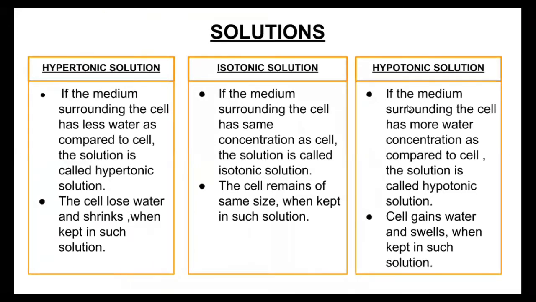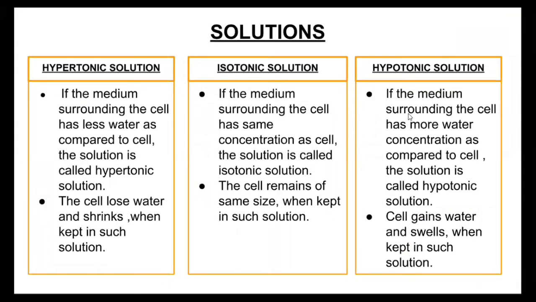exosmosis. When we consider a hypotonic solution, then the cell, this is the cell, and the surroundings of the cell have more water. So then what will happen? The water will get inside the cell and the cell will swell. Say if the cell is there in the hypotonic solution of this type, then it will become larger in size.